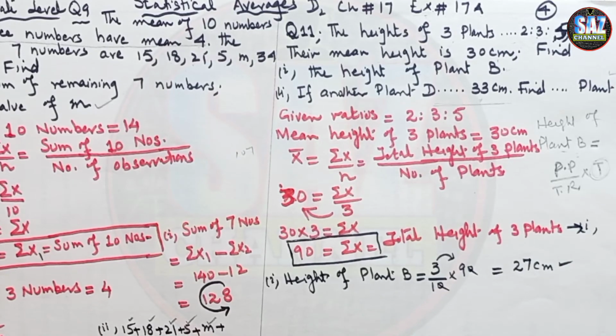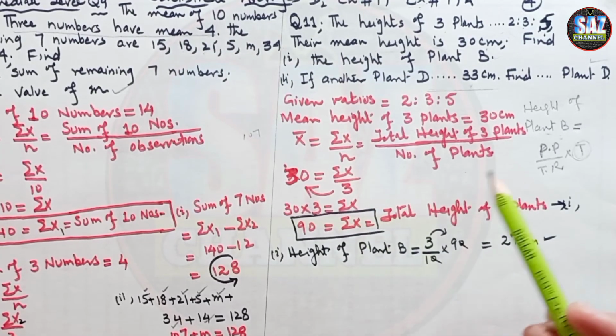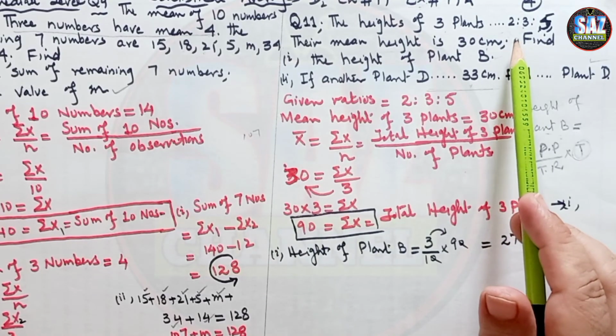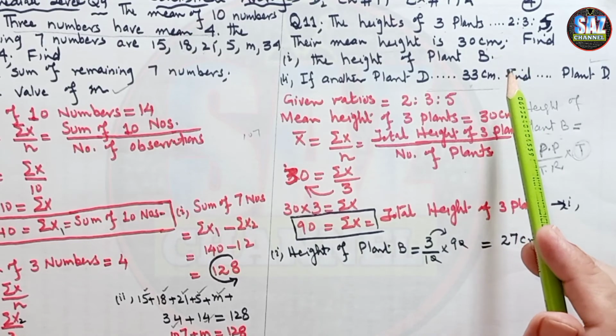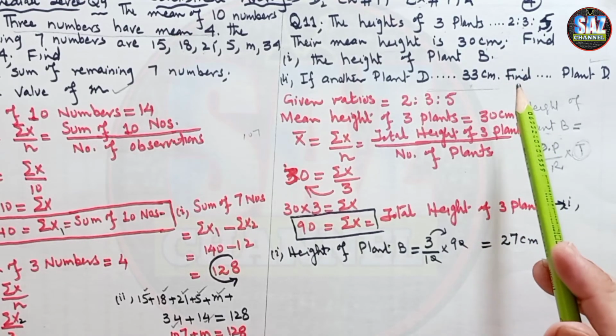Now let's move to the second part, which says another plant D is added to the garden. Originally we were having 3 plants, and now due to the addition of plant D, we are having 4 plants. The mean height of 4 plants is now 33.